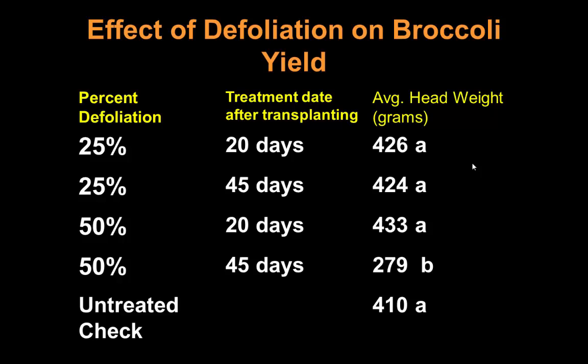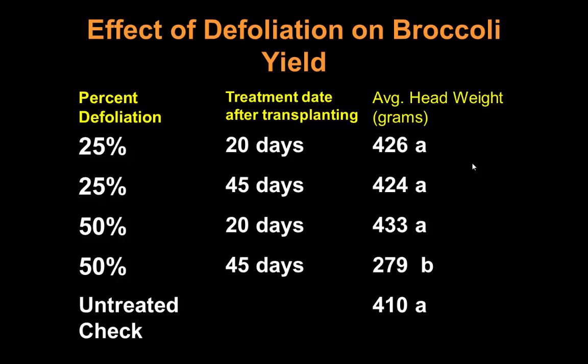Take off 50% of the leaves 3 weeks after transplanting, yield equal to, maybe even higher than the check. When I would take off the leaves at 45 days after transplanting, which is about when the plant had just started to produce a head, it no longer is putting on new leaves, yeah, there's a hit to yield.